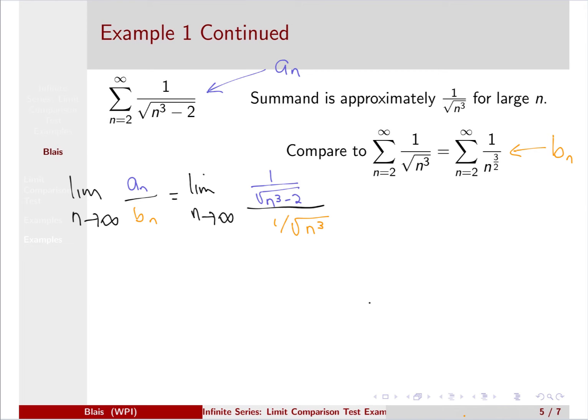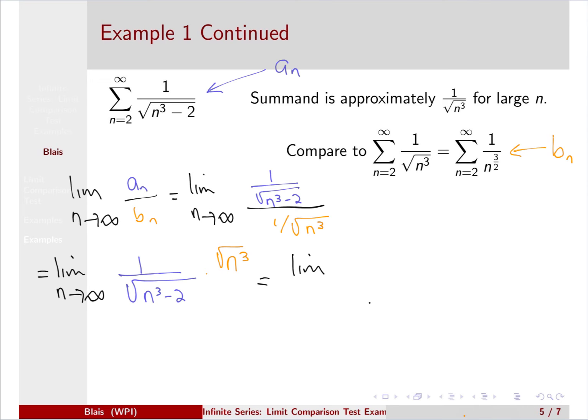And now we need to simplify. We have 1 over root n cubed minus 2, and then dividing by 1 over root n cubed is the same as multiplying by root n cubed.